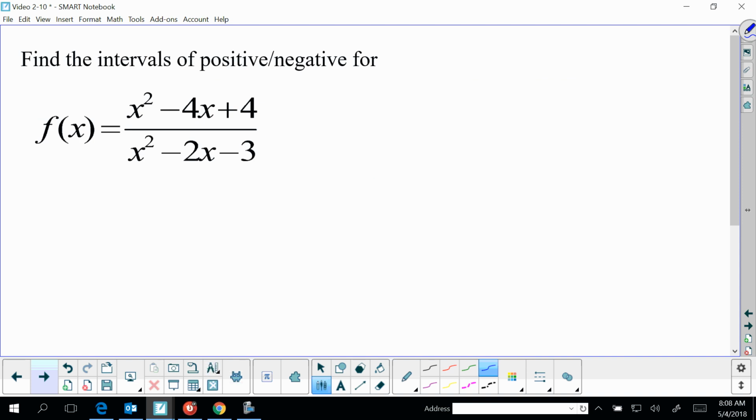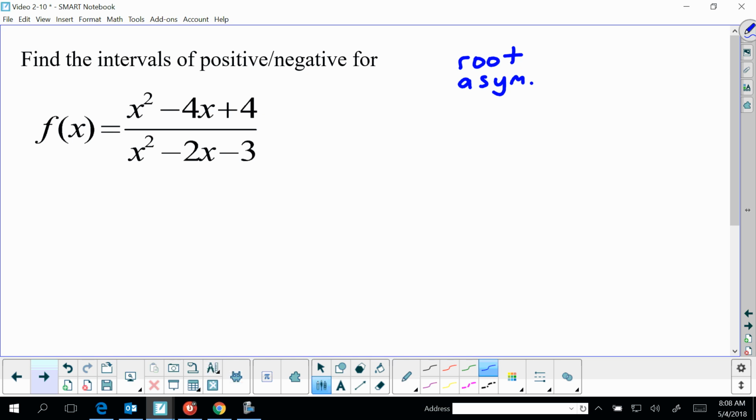So for this one, we're going to see if we can determine where this function is positive and where it's negative. So what we need to think about is, what are the types of things that could cause a graph to change from being positive to negative or vice versa? Well, one of them is a root, and the other one is an asymptote.